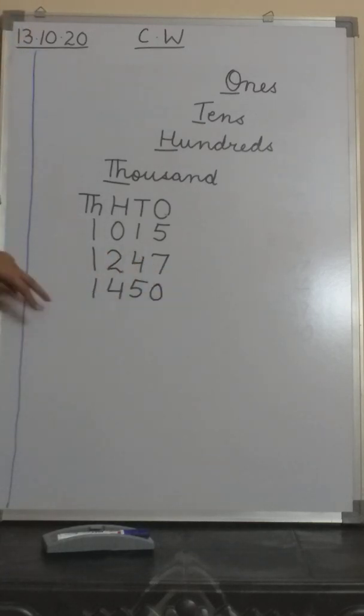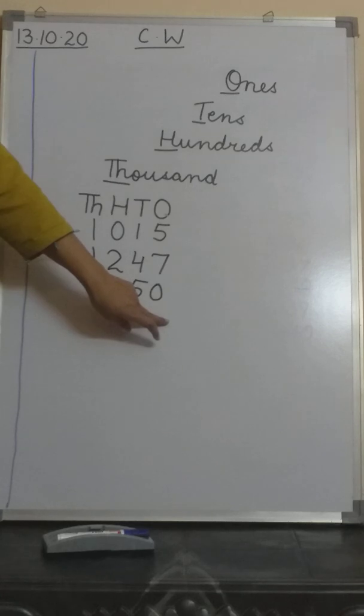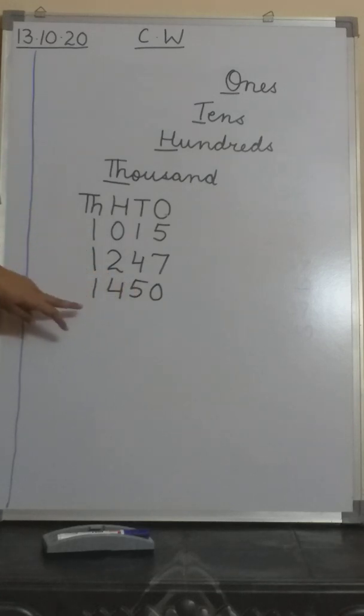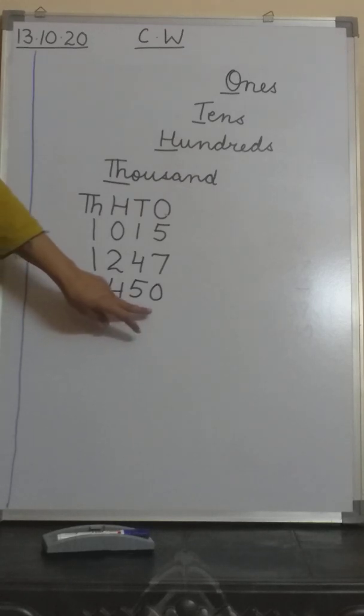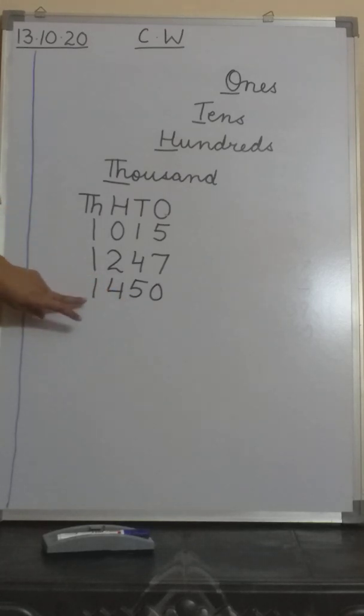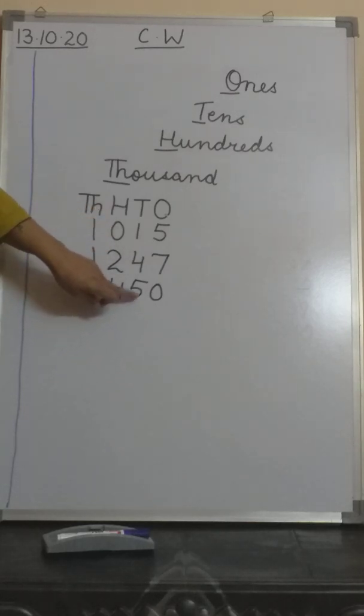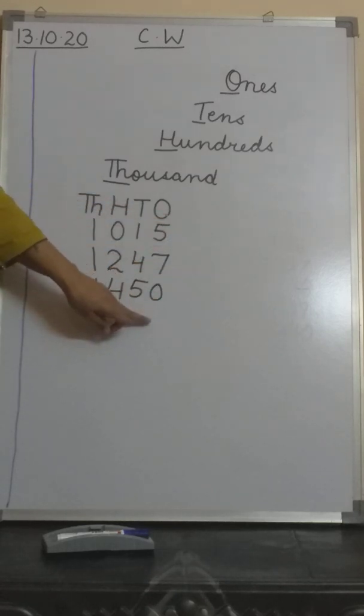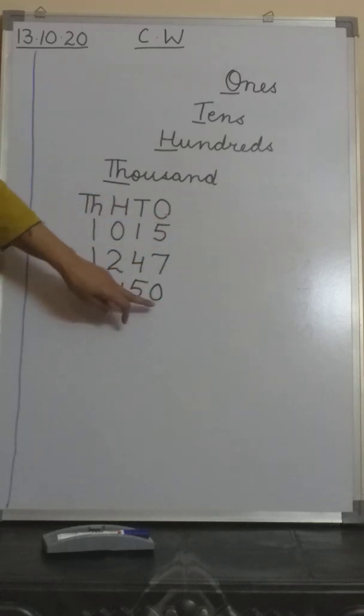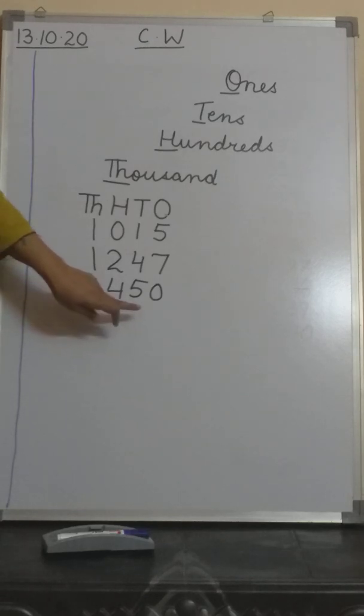Now the next number is 1450. How do we read this? 1450. Why? Because 1 is coming under thousands, 4 is coming under hundreds, 5 is coming under tens and 0 is coming under ones. So this is how we read the number 1450.